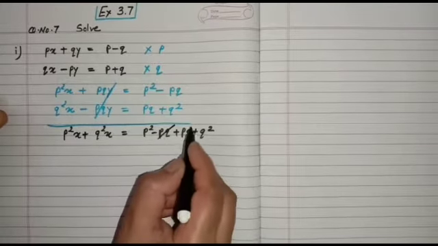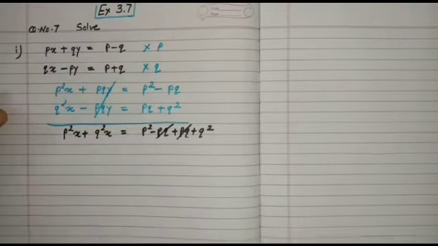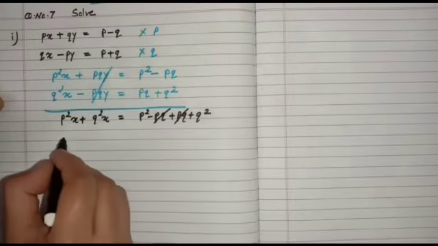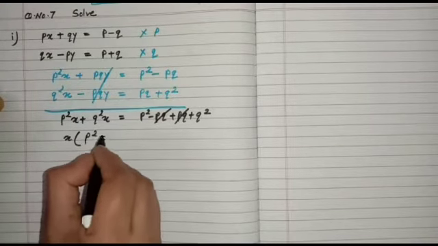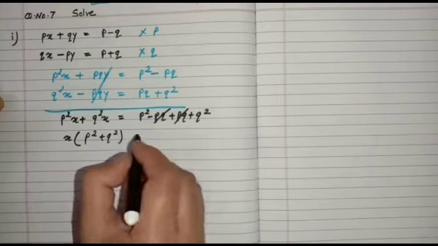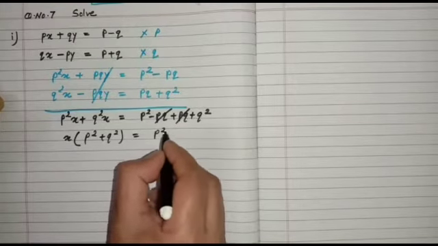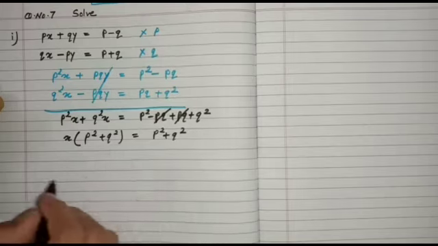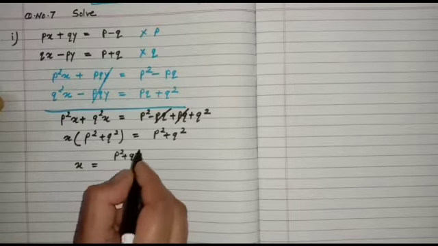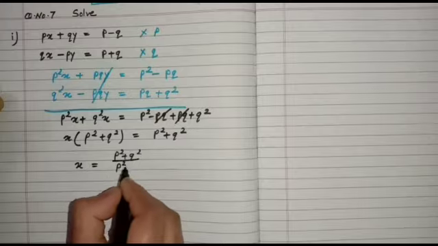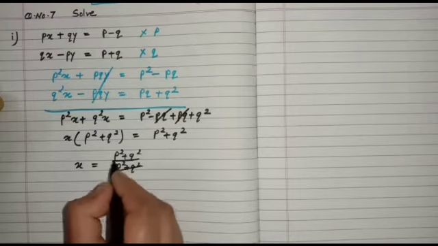As you can see here, this plus pq cancels with this minus pq, and if we take x common from both the terms, we will get p square plus q square equal p square plus q square. So the value of x equal p square plus q square upon p square plus q square.